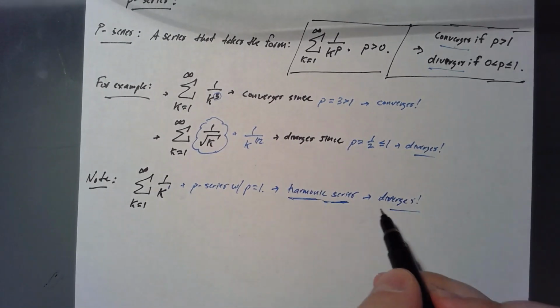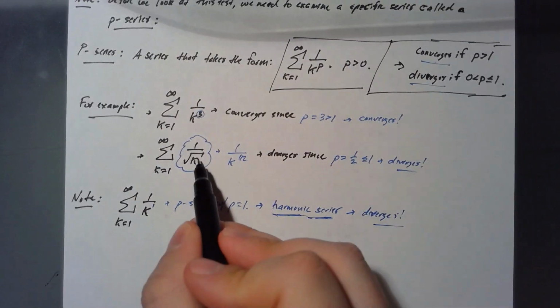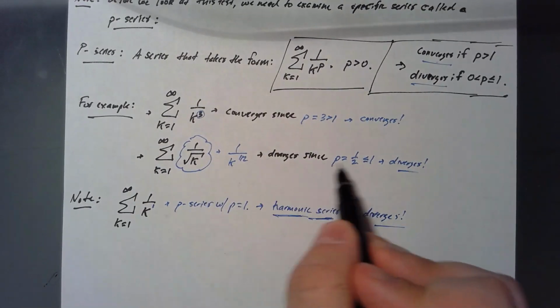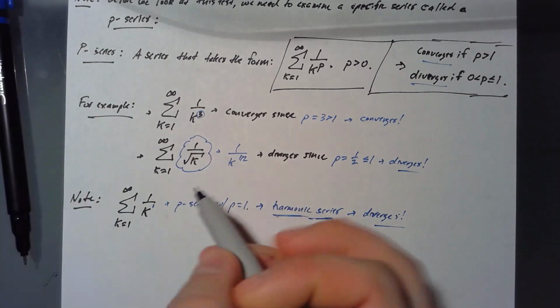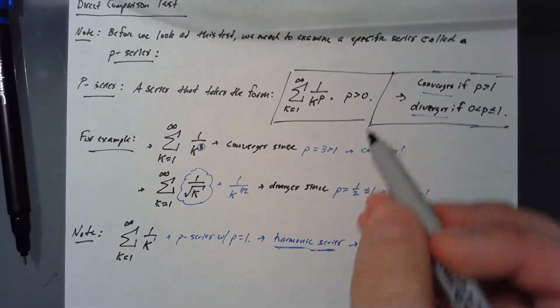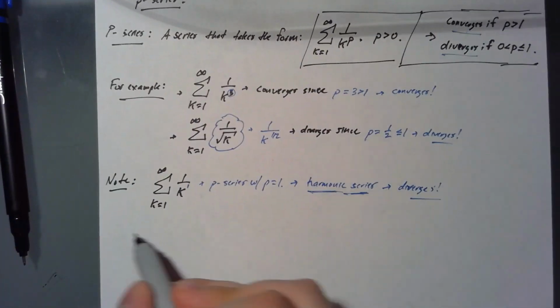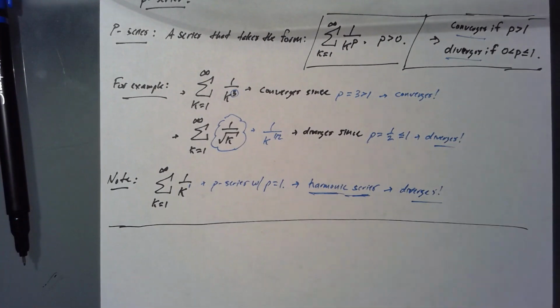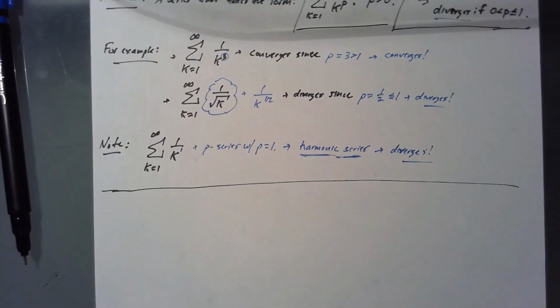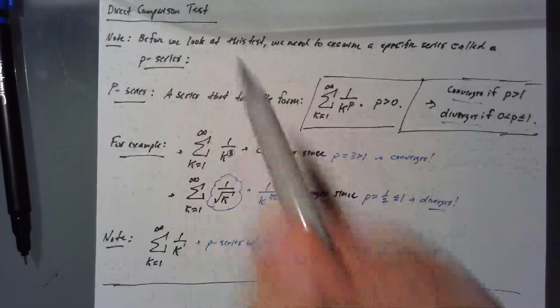A harmonic series is known to diverge. Otherwise, if you have a different p value here, then it's just a p-series. So these are important series you need to know about, because they show up a lot when we look at comparison tests. Okay, so now that we know what a p-series and a harmonic series look like, let's actually look at the direct comparison test.